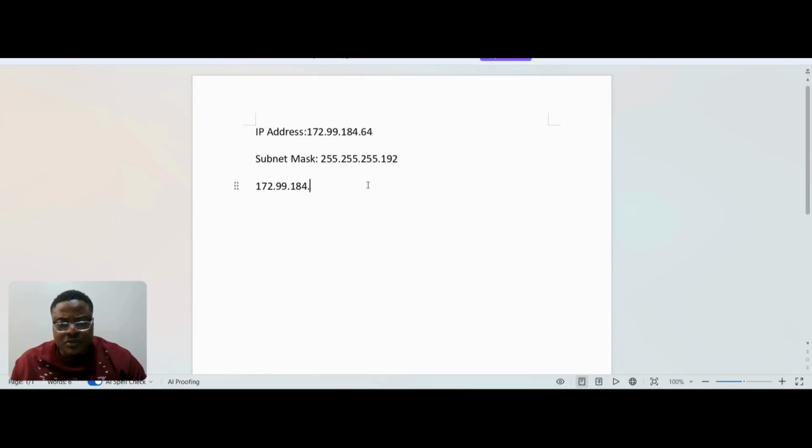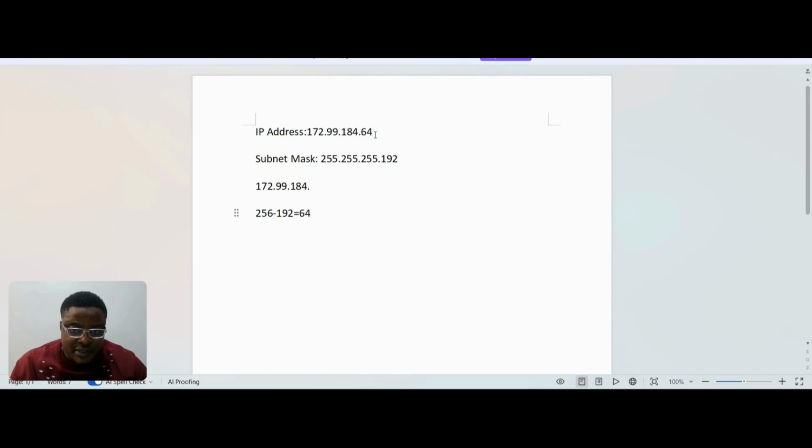To get the host, we're going to use the formula 256 minus 192, which is 64. So we have 64 here. The rule says let the number get closer to the number that is here, minus 1.